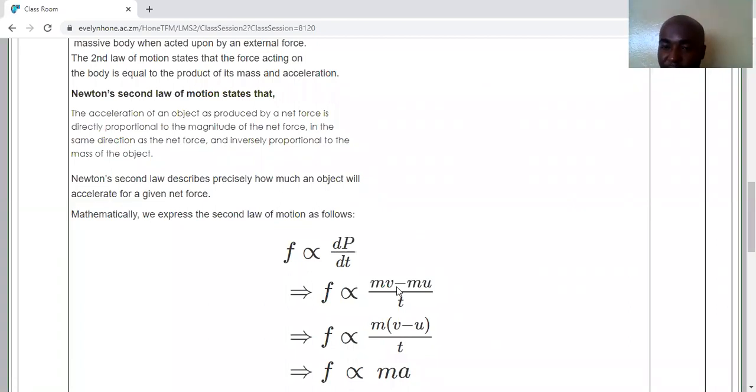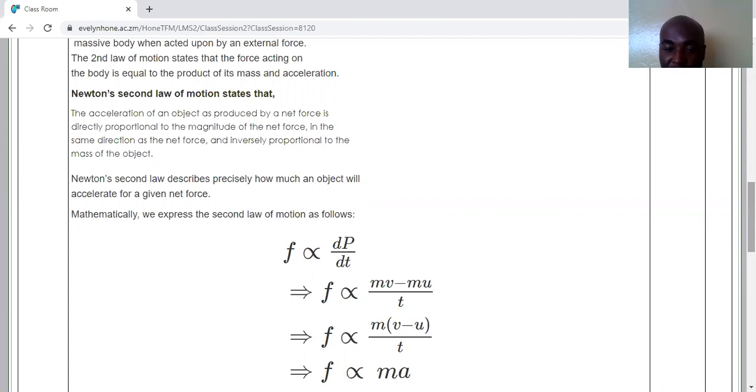So when you push something, it will have an initial velocity, which is u, and a final velocity, which is v. I just got them like this. I didn't choose v naught. So mass times v minus mass times u, which is mass times final velocity minus mass times initial velocity, over the time, is proportional to the net force.